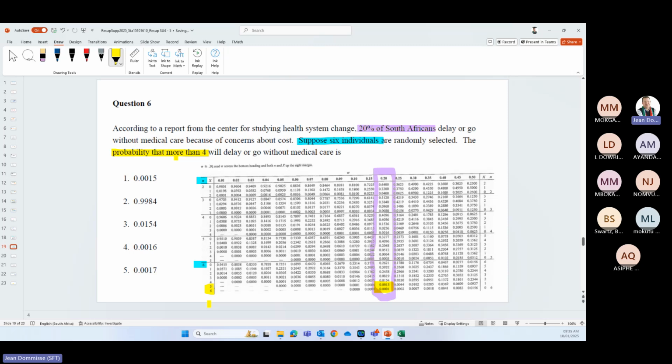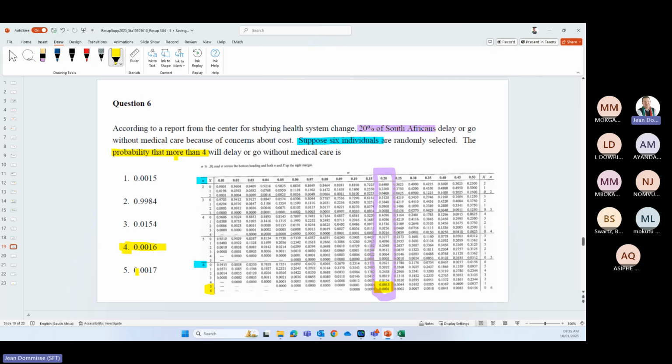Less than 4 would have been 3, 2, 1, 0. Equal to 4 would have just been the 4. So the probability that more than 4 is 0.0015 plus 0.0001, that will give us option 4, the 0.0016.